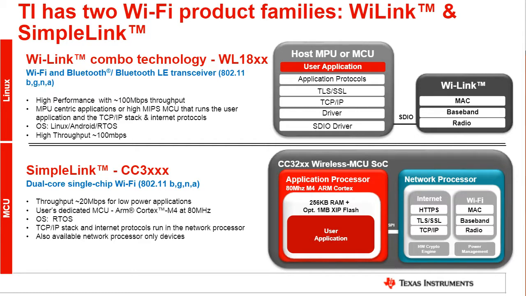So the wireless MCUs typically include a broader range of security enablers because they are handling the higher level protocols as well as the application code. But in general, both product families are designed to enable developers to create secure Wi-Fi solutions based on them.